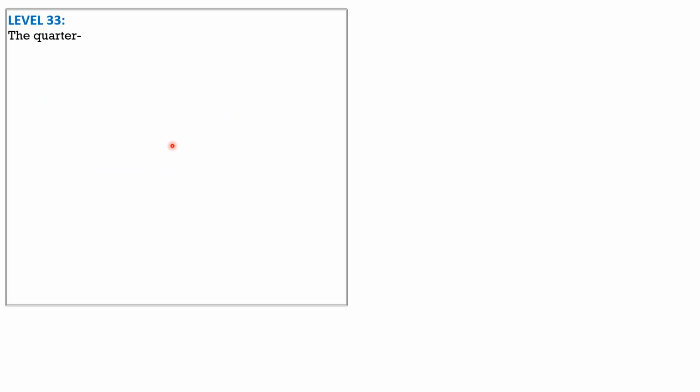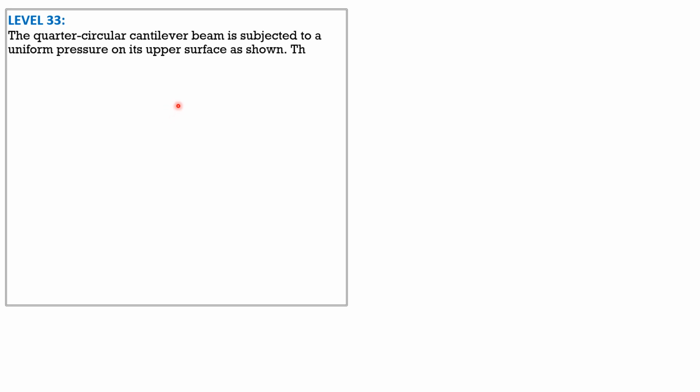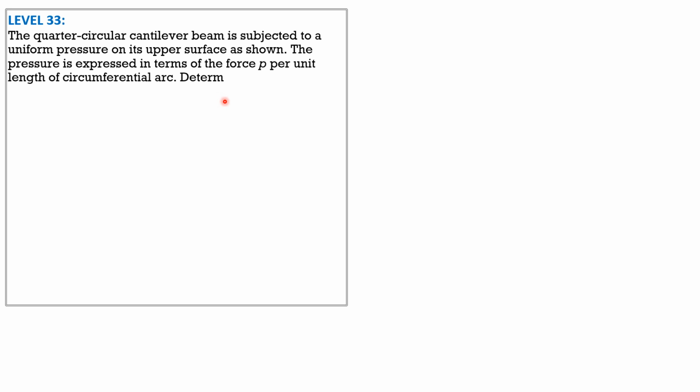Level 33, the quarter circular cantilever beam is subjected to a uniform pressure on its upper surface as shown. The pressure is expressed in terms of the force P per unit length of circumferential arc.